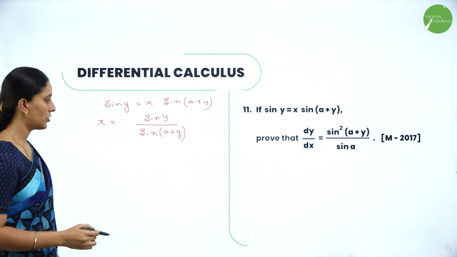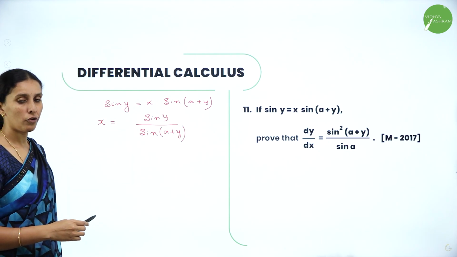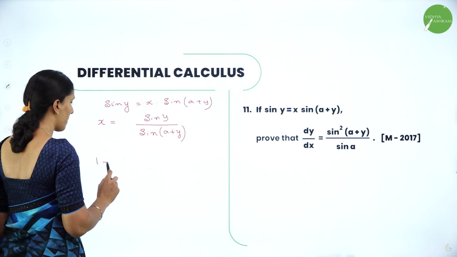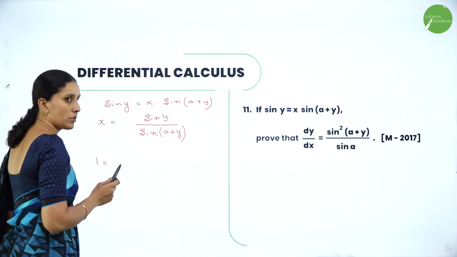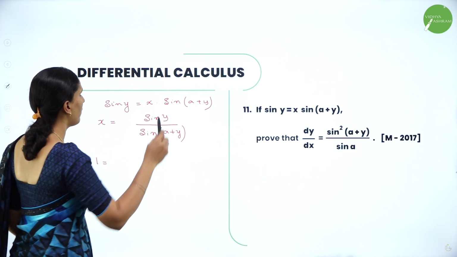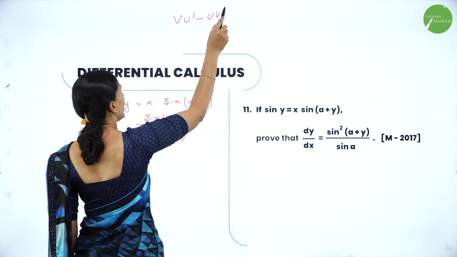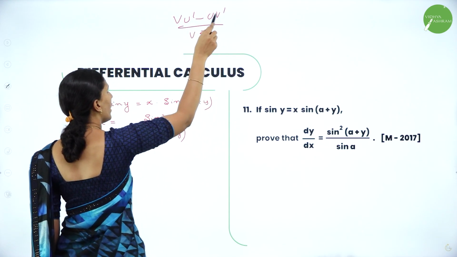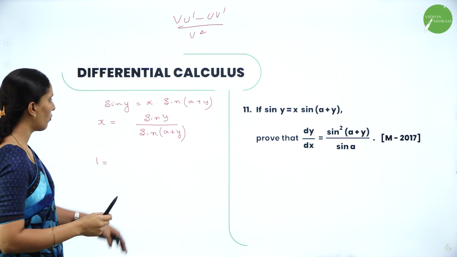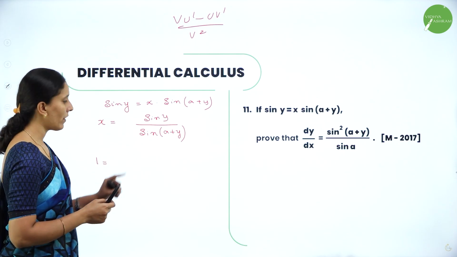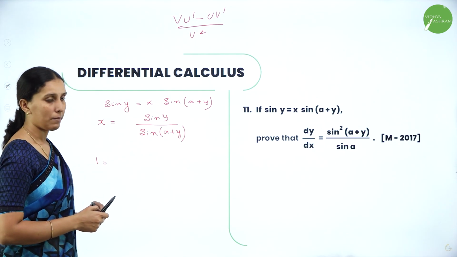Now let us differentiate. We will apply the quotient rule for the right hand side. Derivative of x is 1. Now here we will use the quotient rule, that is in the form of v u dash minus u v dash divided by v square. So u dash and v dash represents the derivative of the first and second function. So u we will take it as sin y and v we will take it as sin a plus y.